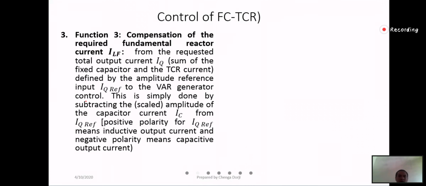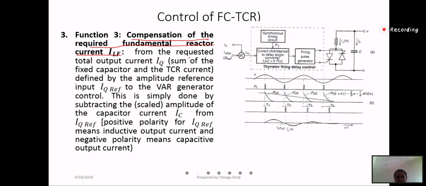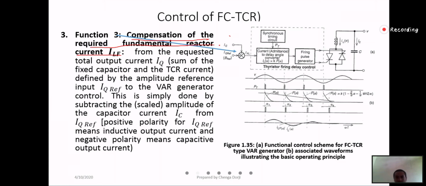Then the third function is compensation, the compensation of the required fundamental current ILF. Here you have a comparator, as you might have studied in control systems. The input current IQ or IC is given, and the IQ reference current is given. Subtracting gives the required fundamental current.